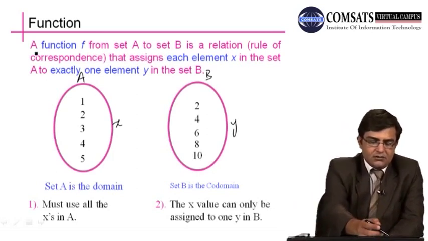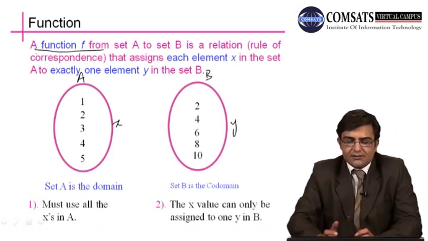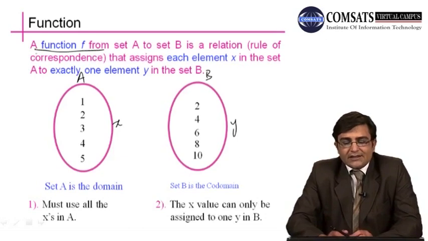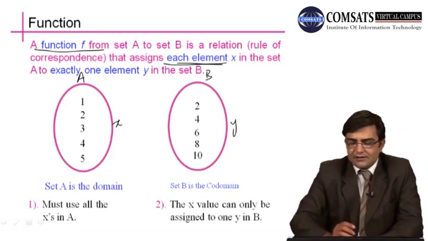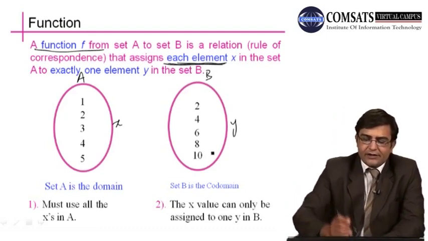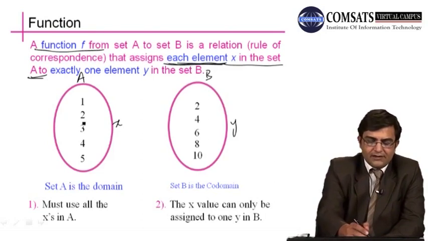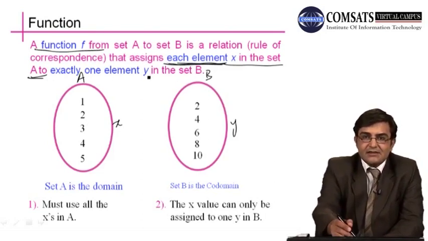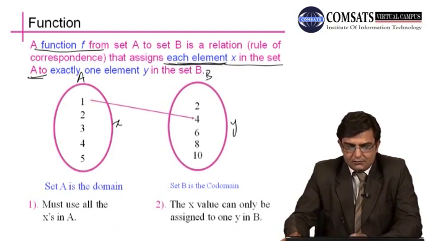Roughly speaking, a function f from a set A to a set B is a relation, or we can say a rule of correspondence, that assigns each element X in the set A, meaning every element of the set A, to exactly one element in set B. Any relation which satisfies these two conditions is said to be a function.